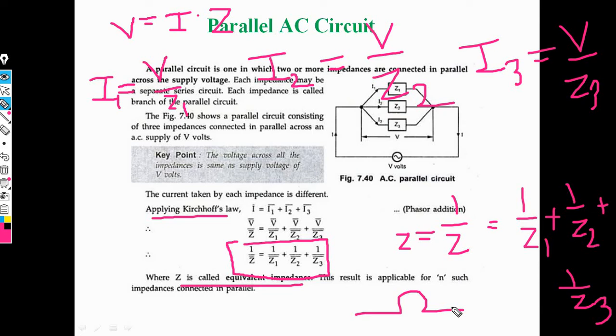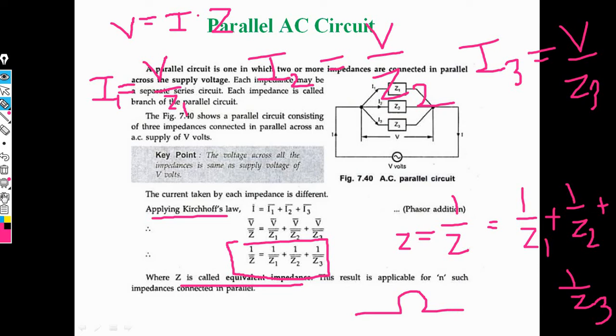Z is the equivalent impedance, 1 upon Z equals 1 upon Z1 plus 1 upon Z2 plus 1 upon Z3. This is the concept of the parallel AC circuit with respect to impedances.